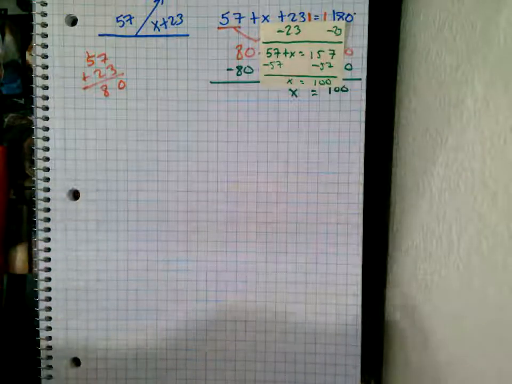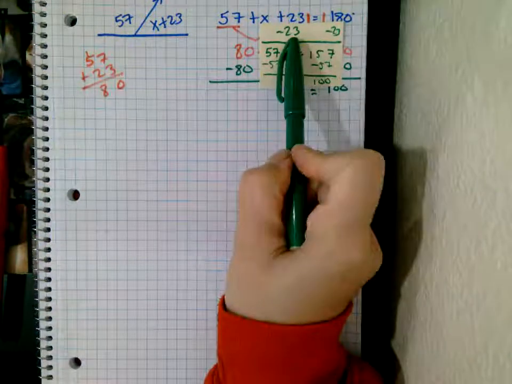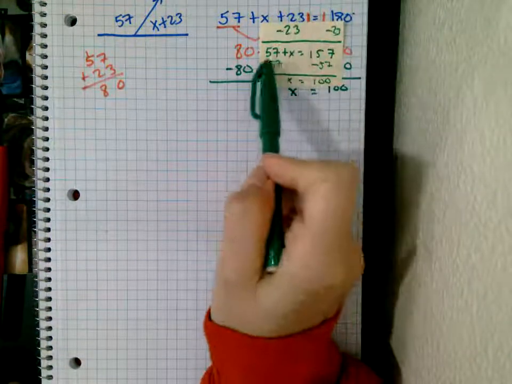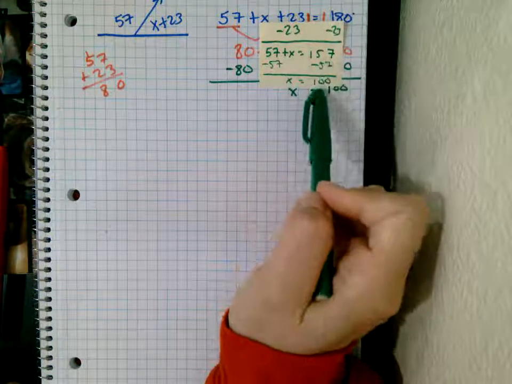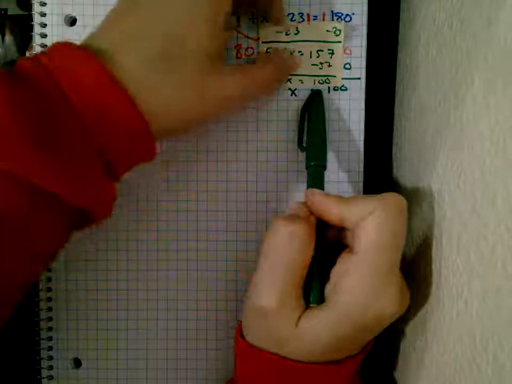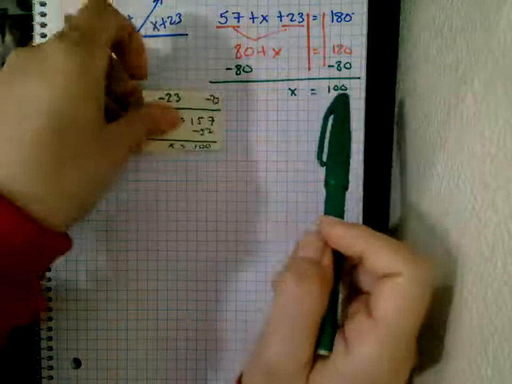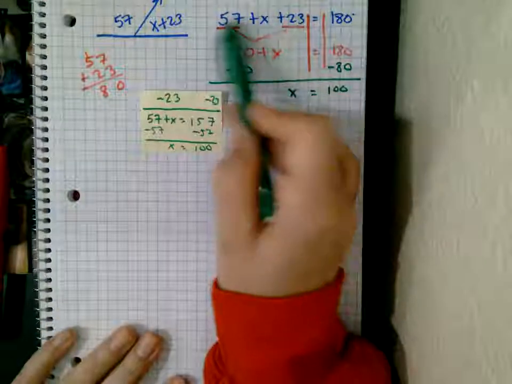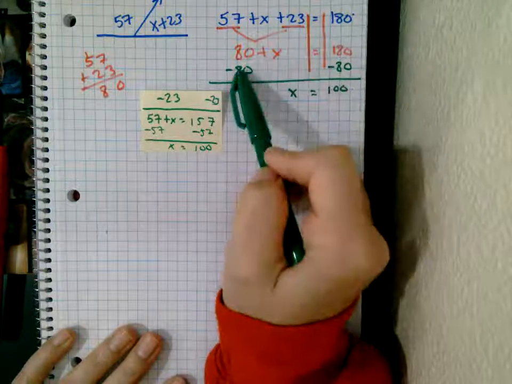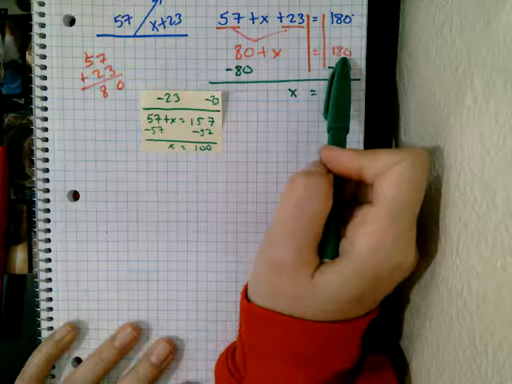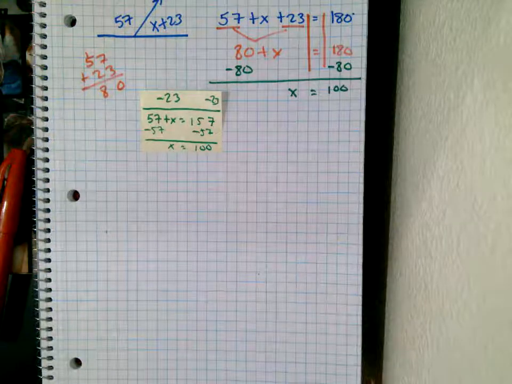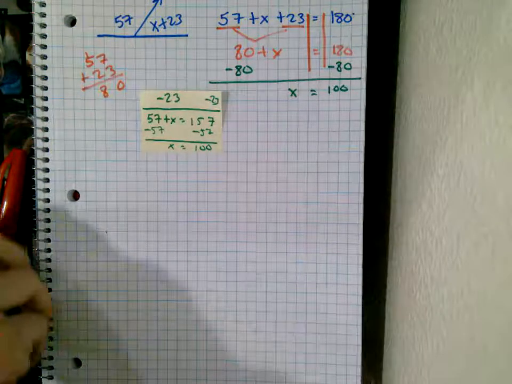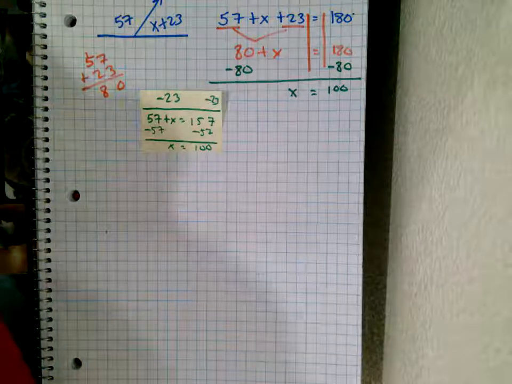So here on my post-it, I took each number at a time. Minus 23, then I have left over 57 plus x, so minus 57, I still get 100 for my answer. So it just depends on how your eyes look at it. Either I understand I can put these two together, get 80, then subtract it, or no, I'm going to move one at a time. Doesn't matter. It's fine. You will get the same answer as long as you subtract or add correctly.